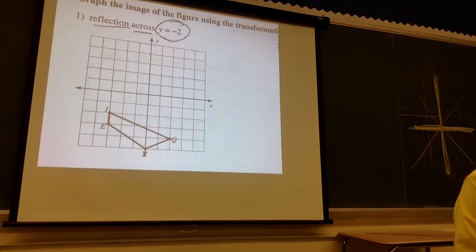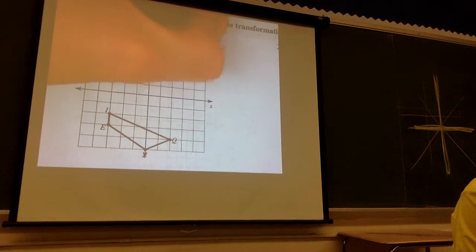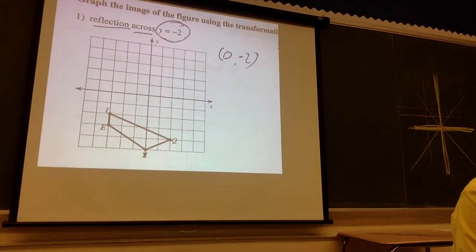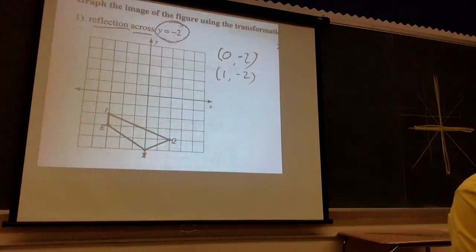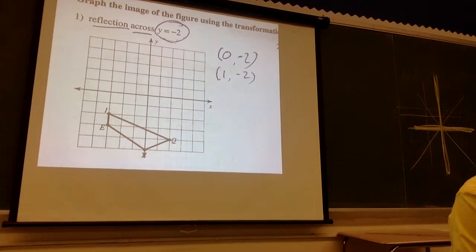That means the line y equals -2. Well, the line y equals -2, all it needs is for all of its y coordinates to be equal to -2. So let me just try putting some coordinates in there. Well, the point 0, -2 has a y coordinate of -2. What about the point 1, -2? Well, that has y equals -2 also.